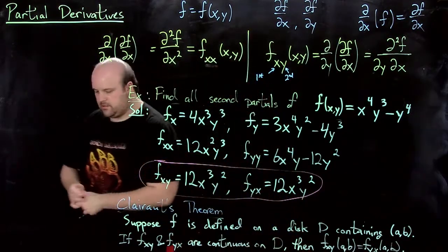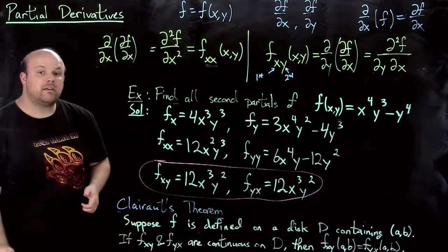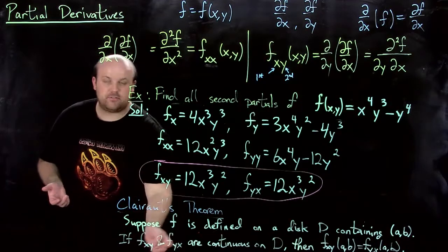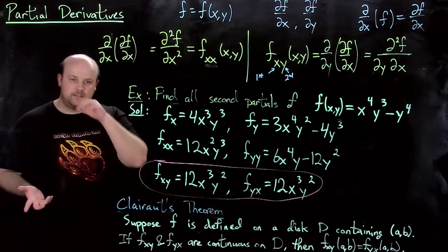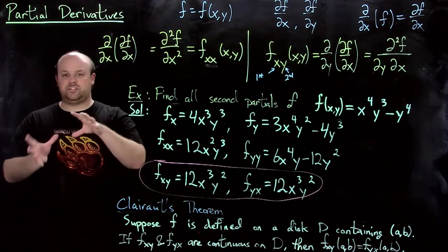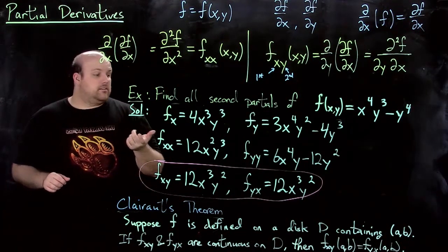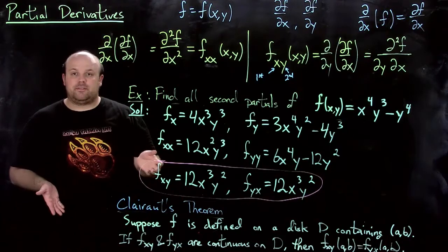In other words, what that's saying is as long as these two second partial derivatives are continuous on some region, a disk in this case, then it doesn't matter which order we take the partial derivatives in.